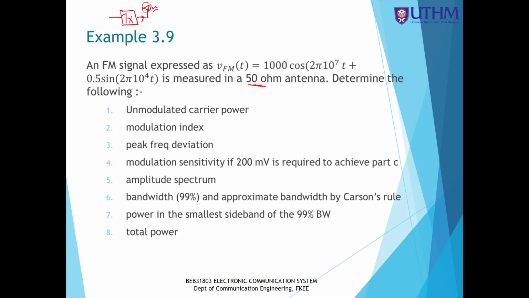So you are given 1000, so this is actually referring to VC, the peak amplitude of the carrier signal, and then you are given 2π × 10^7.